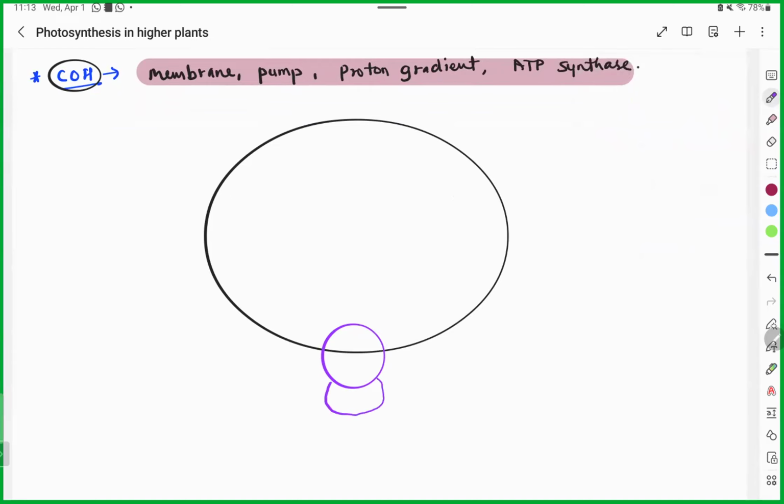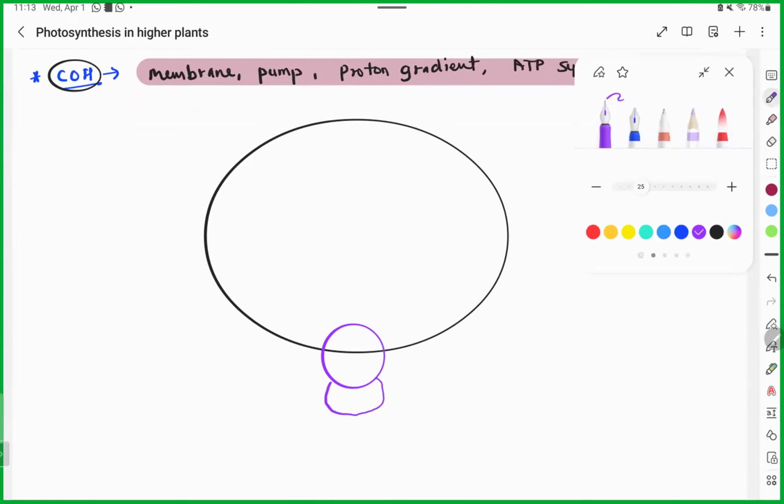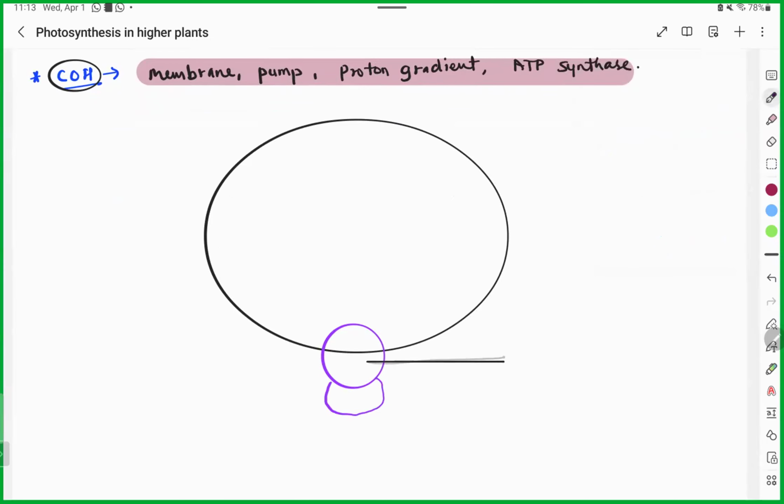Outer part is the turbine. This is the channel, channel means gate opening, and this is the turbine. When the turbine rotates, electricity is produced. Same here, this is known as CF1, CF naught.